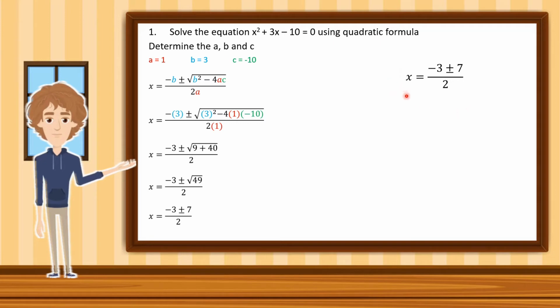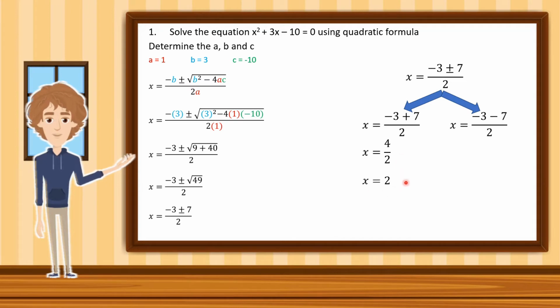We can also simplify this. So let us first have x is equal to negative 3 plus 7 all over 2, and also x is equal to negative 3 minus 7 all over 2. Let us focus first on this first root. Negative 3 plus 7 is 4 over 2, and 4 over 2 is 2.